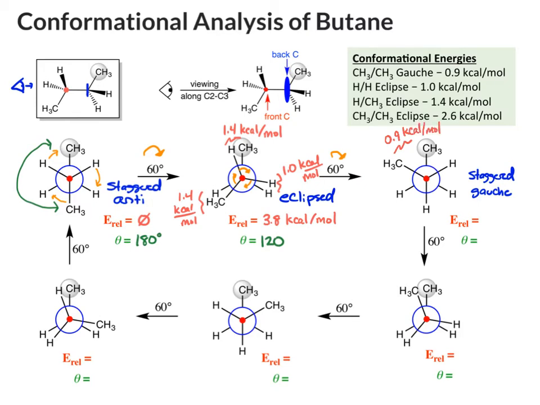But that's our only high energy interaction in this particular conformation. So the relative energy of this is just 0.9. The dihedral angle between the two methyl groups here is 60 degrees.